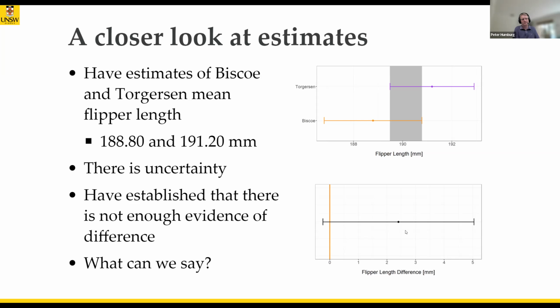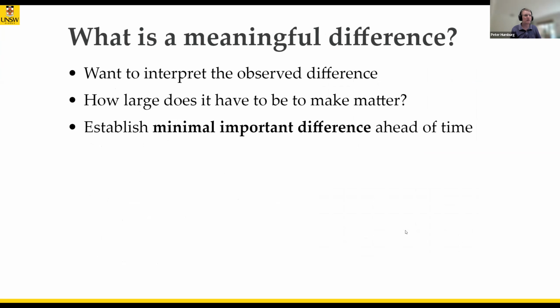Okay, so we know there is some difference, maybe. We have a slightly clearer picture of what might be going on now, but maybe not really quite enough to get excited about this. So to better understand what might be going on and to be able to interpret this difference, we really have to think about how large does the difference have to be for us to care, right?